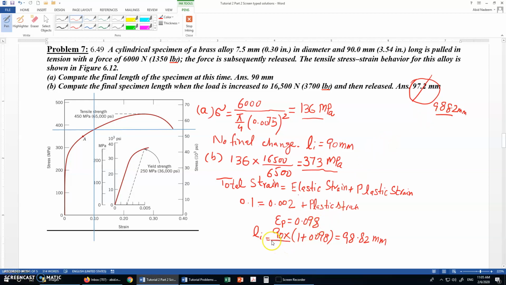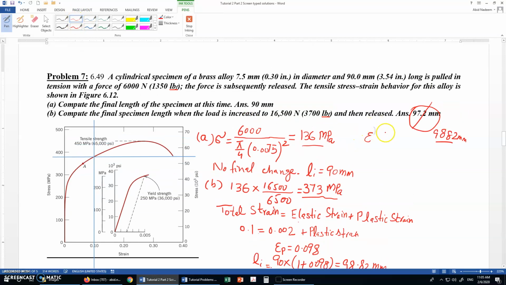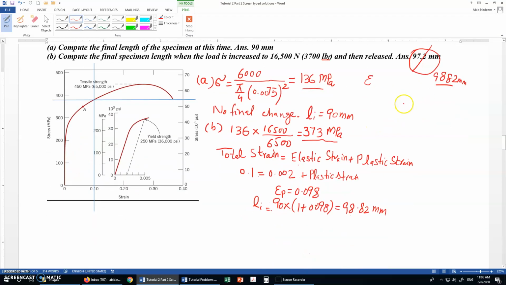Remember that this is the same formula as the formula for engineering strain. Epsilon is equal to change in length over original length, L naught, and delta L is equal to new length minus the original length.